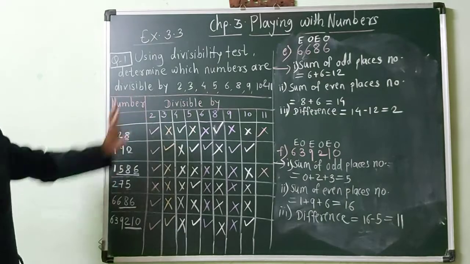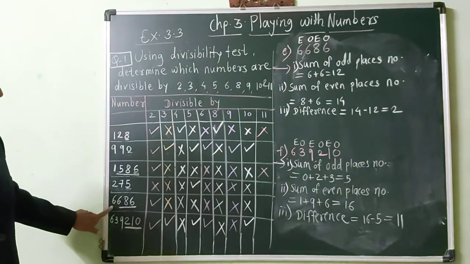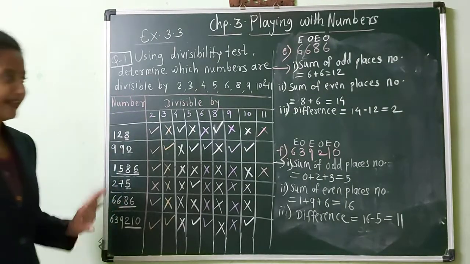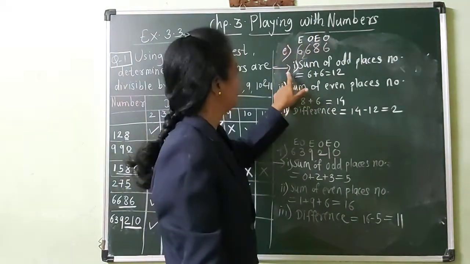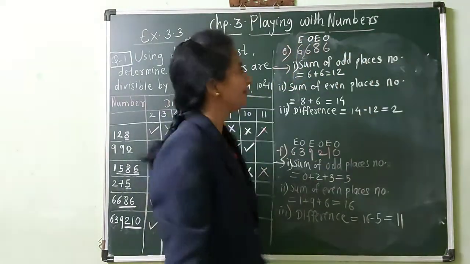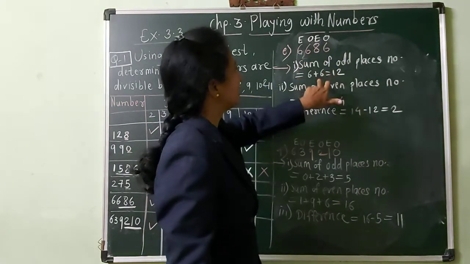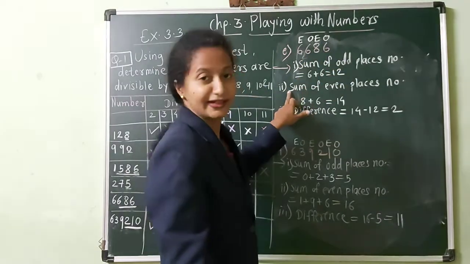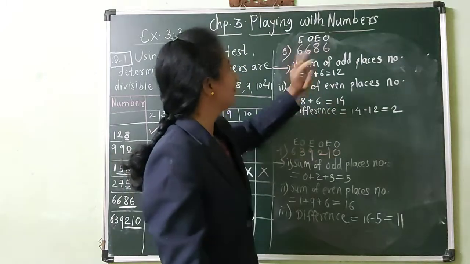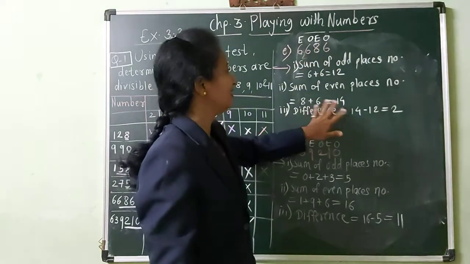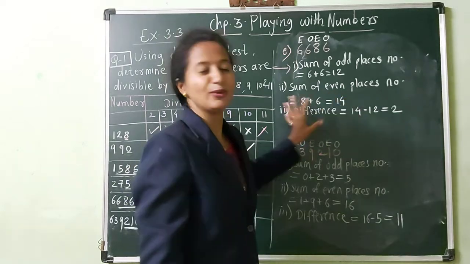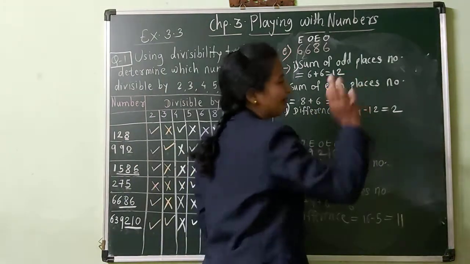Now we'll take the E sum, that is 6686. Mark odd, even. Then next step, sum of odd places numbers. So 6 plus 6 is equal to 12. Then sum of even places numbers. So 8 plus 6 is equal to 14. And the last step, you have to find the difference. So 14 minus 12.